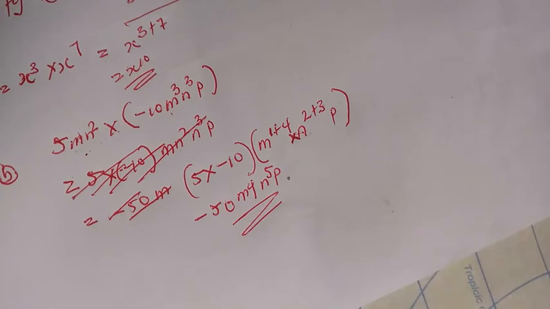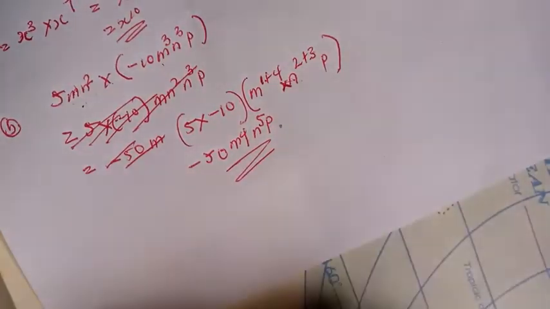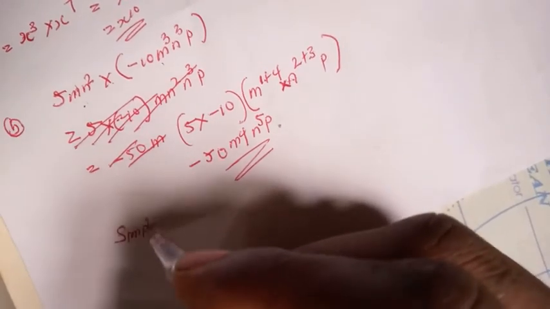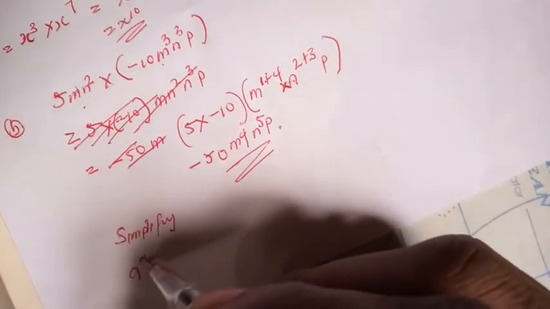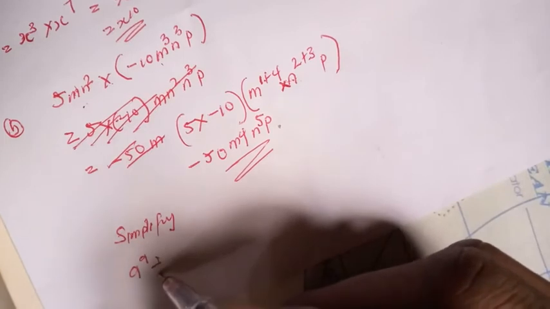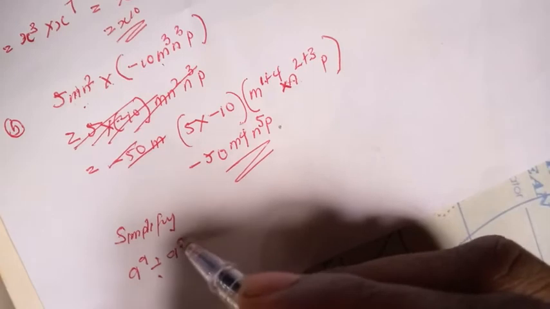So what if you have a problem like this to solve? We have something like: simplify a to the power 9 divided by a to the power 5.